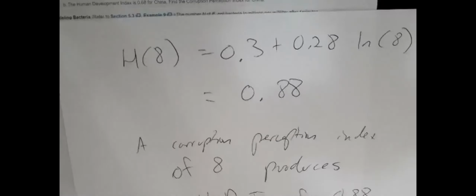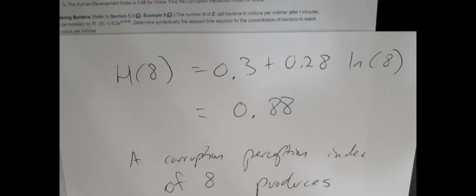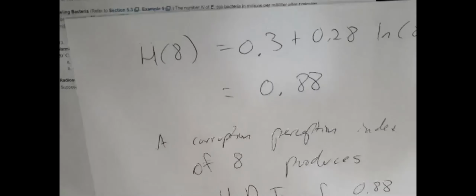The Human Development Index is 0.68 for China. Find the Corruption Perception Index. So in this one, they give us an h of x value, not an X quantity. What should the setup look like? 0.3 plus 0.28 ln of x equals 0.68.